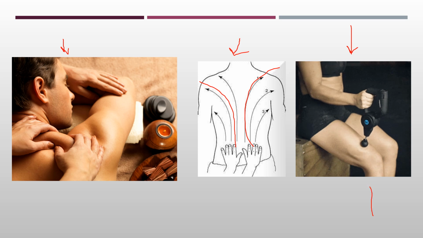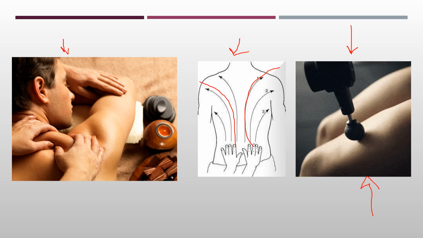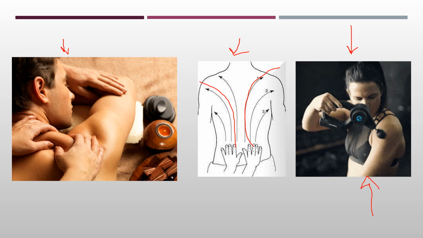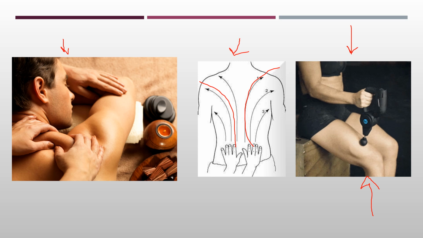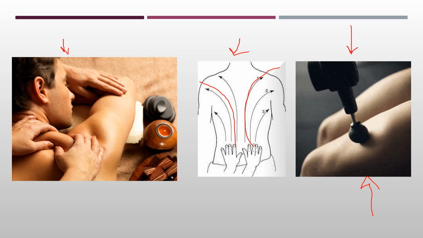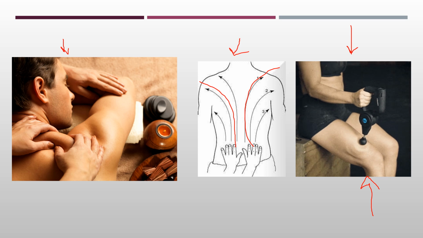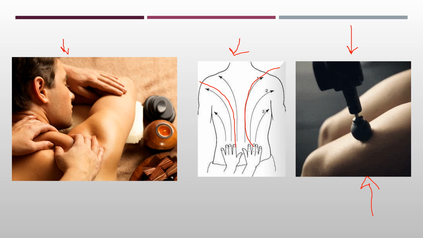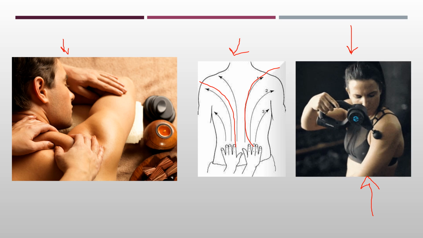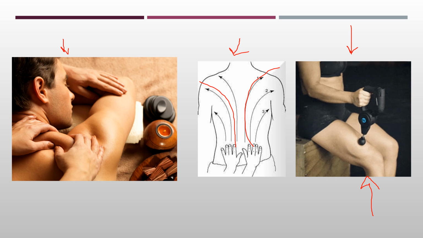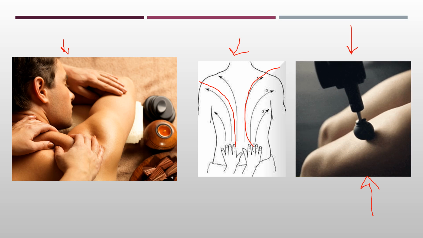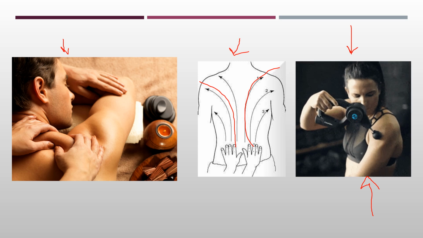That'll look a little bit different when we go over the ribs and we're trying to use percussion for pulmonary drainage. But you can always teach your patients how to use those at home. I would maybe not use them so much in a clinical setting because your patient can utilize that at home under the right supervision, or at least have some instruction on how to use those at home.